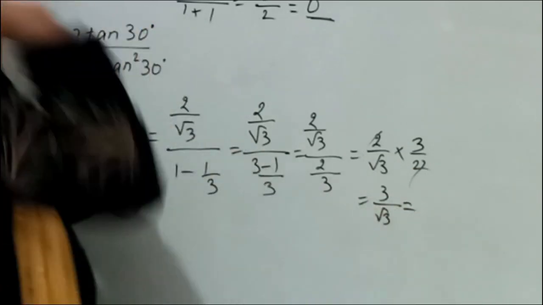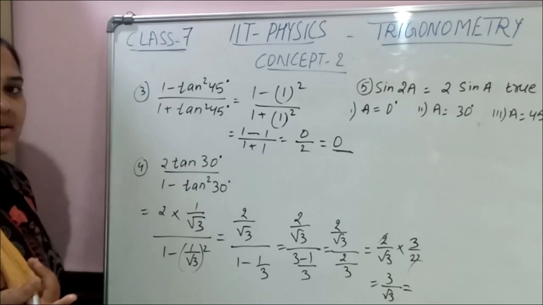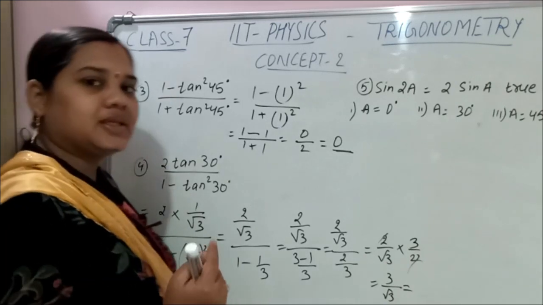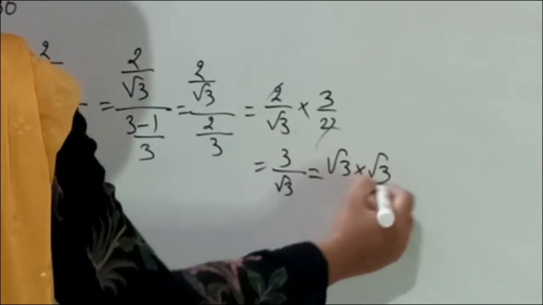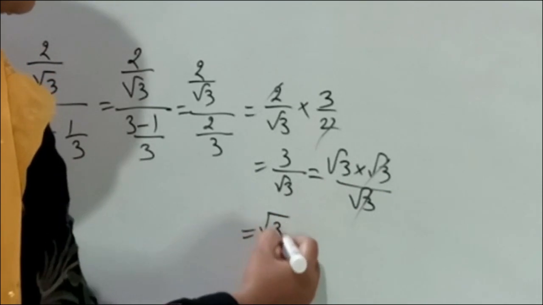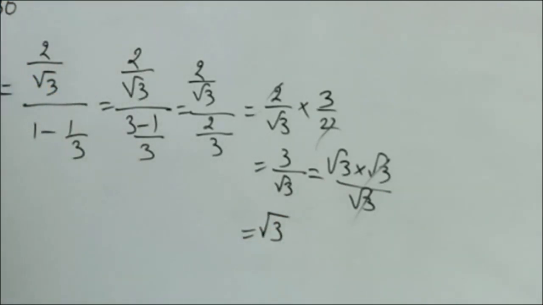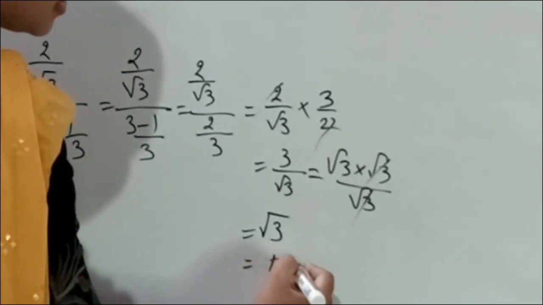You see, 3 is equal to what? Root 3 into root 3. 3 we are writing or not? Root 3 into root 3. 3 we are writing. So root 3 into root 3 by root 3. Cancel. How much left? Root 3 value, right? Root 3 is equal to what? In tan, 60.